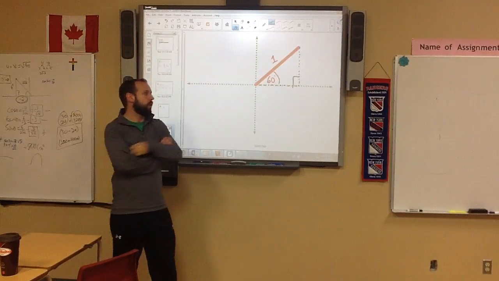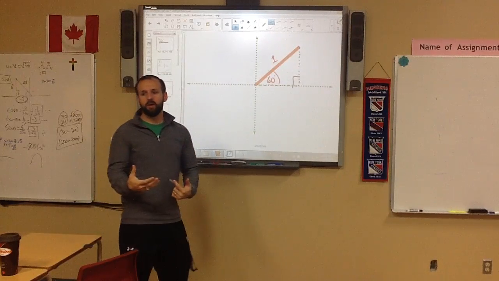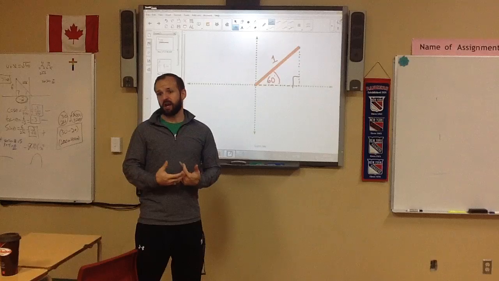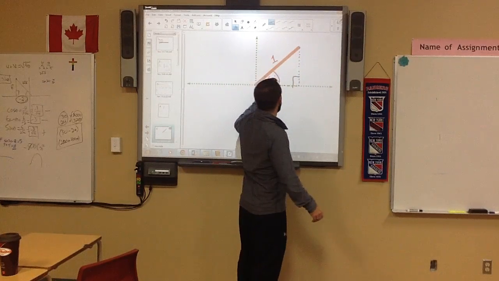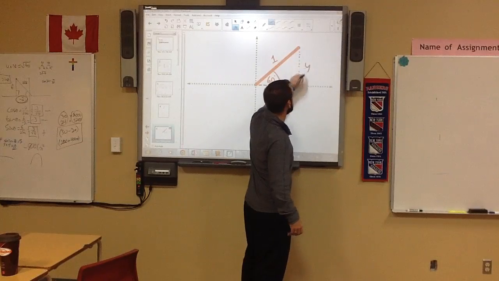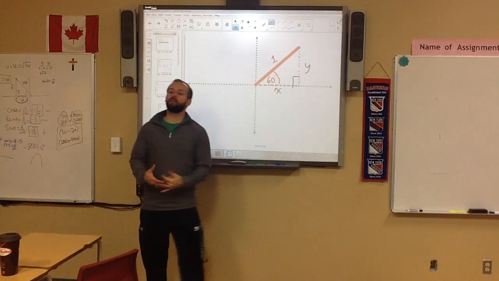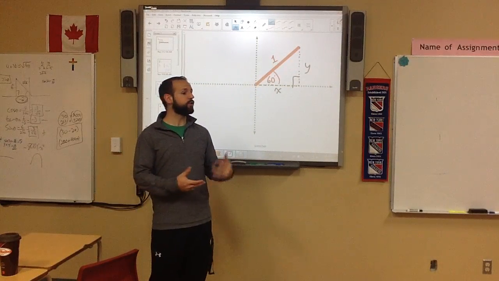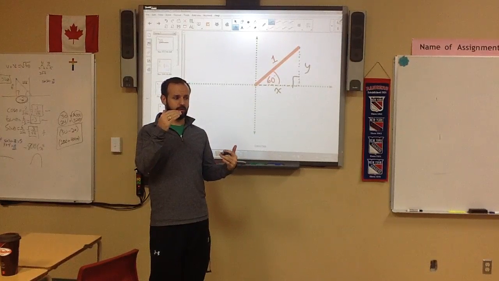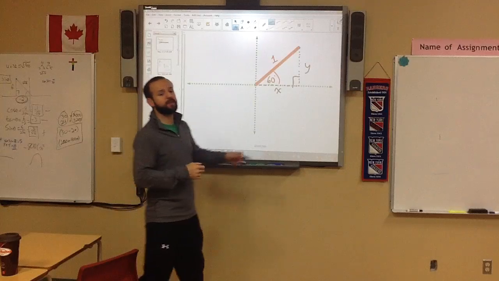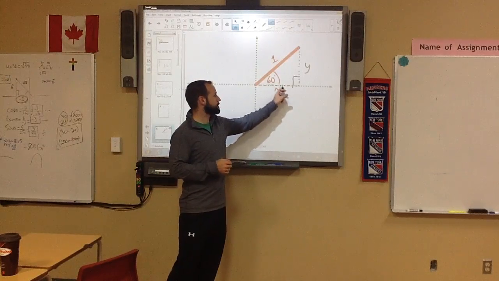So I'm going to find my adjacent side first. Everybody sees this right angle triangle. If I wanted to find these two missing sides, because in order for me to build a trig ratio, I need to know all three sides, correct? Okay. I'm going to find the adjacent first. I'm going to find x first.